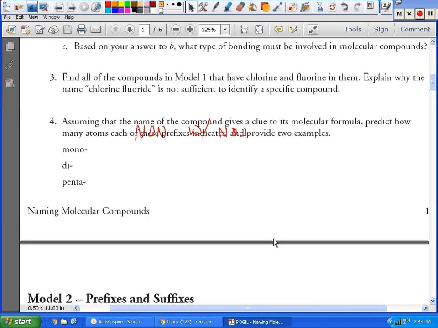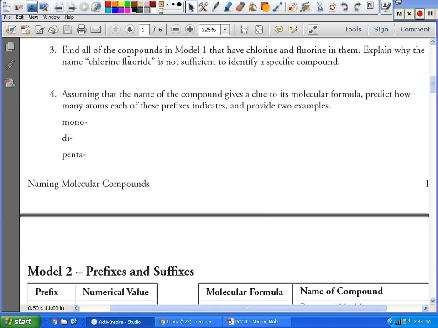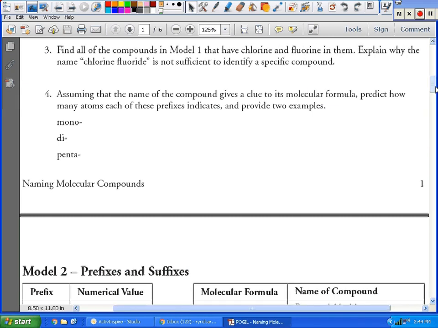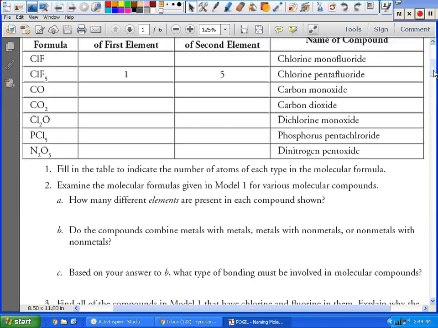So number 3, find all of the compounds in Model 1 that have chlorine and fluorine in them. Explain why the name chlorine fluoride is not sufficient to identify a specific compound. So let's go back up. How many up here have chlorine and fluorine in them? The first 2.